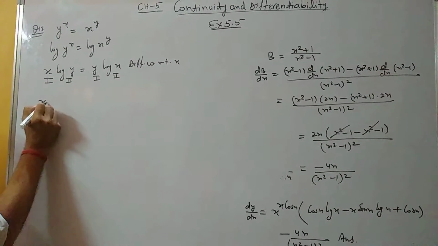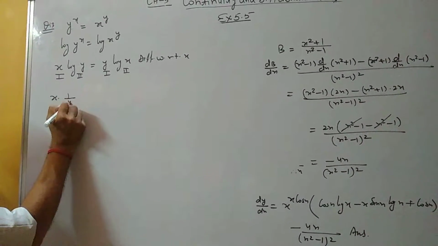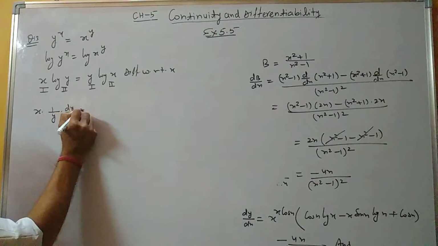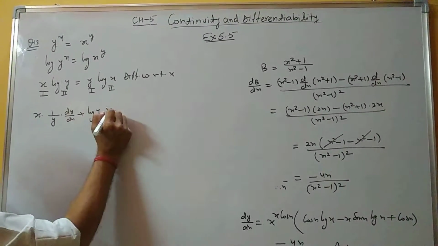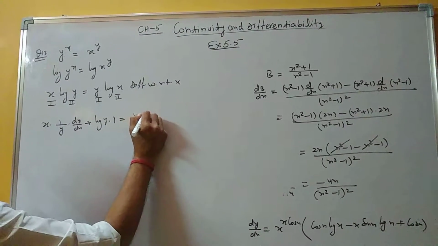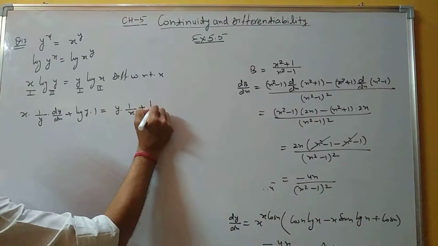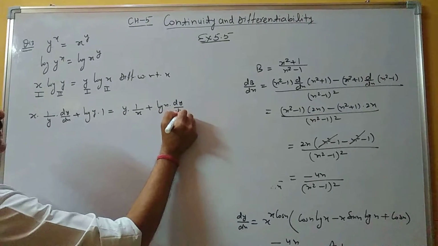So first, as it is, differentiation of log y with respect to x, 1 upon y and dy by dx, plus log y as it is, differentiation of x is 1, that is equal to y as it is, differentiation of log x, 1 upon x, plus log x as it is, differentiation of y is dy by dx.